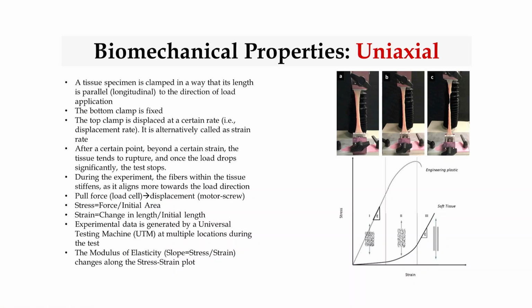What you see here on the graph on the very bottom right is a soft tissue response, the bottom hard black line plot, which shows stress versus strain. It is an adaptation of the force versus displacement plot, where force is on the y-axis and displacement on the x-axis.